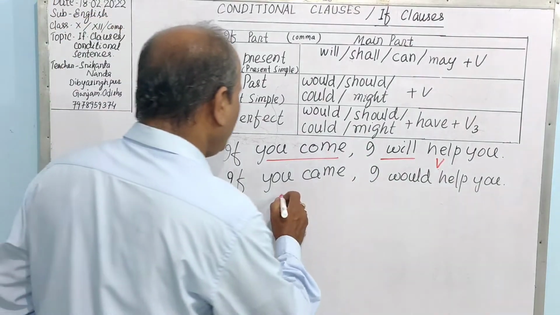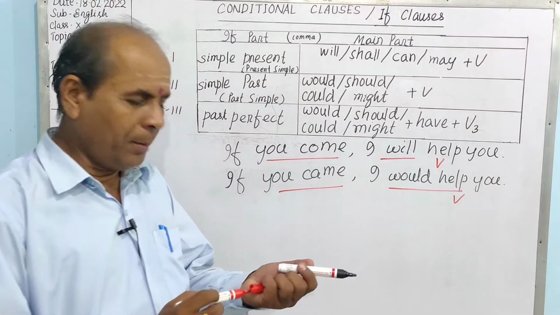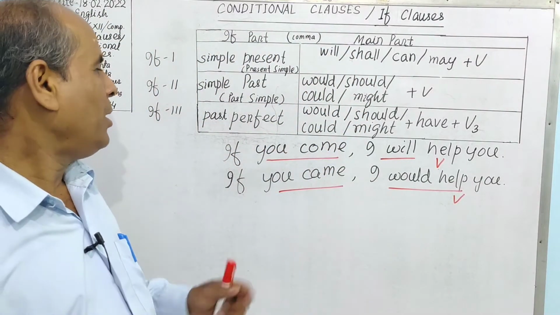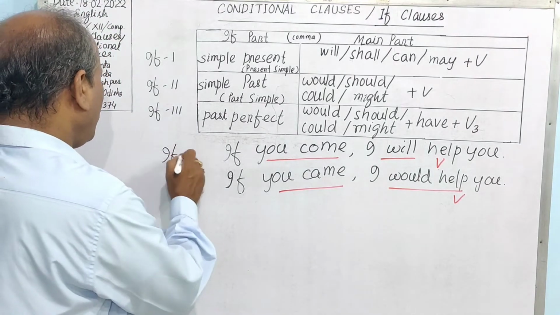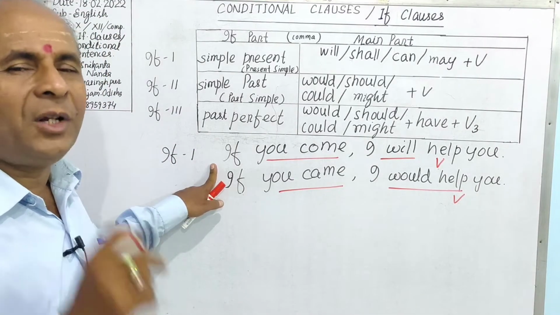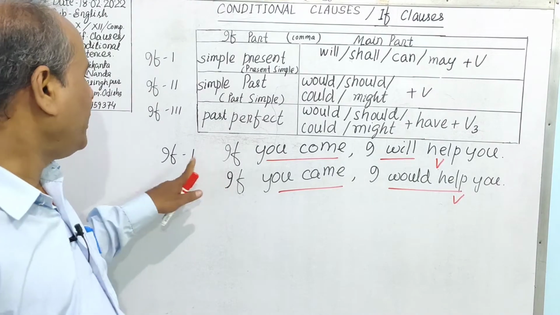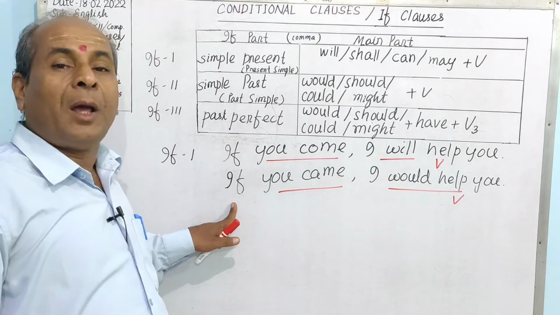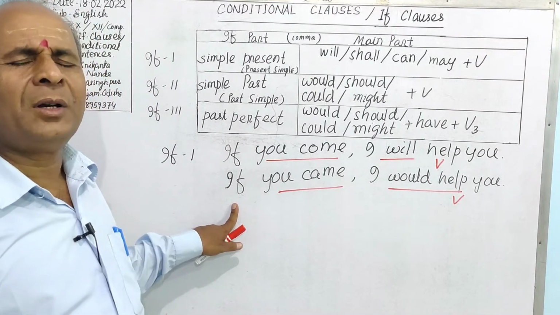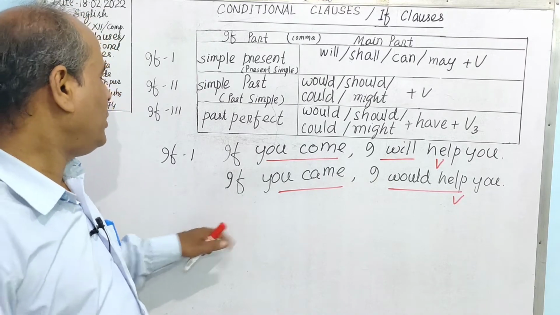This is simple past in the if part and would plus verb in the main part. So we can say this is an example of if 2. In the morning the discussion was there. It was possible to some extent. So we can say 50-50 chance is here. But in the evening the chance is totally less. So we can say this is imaginary.